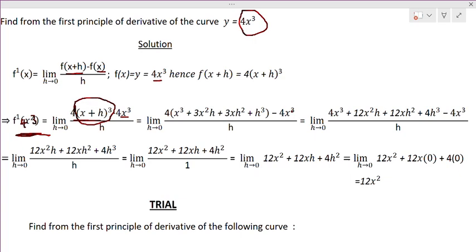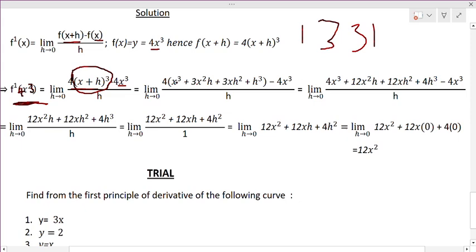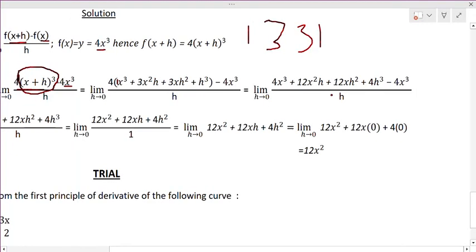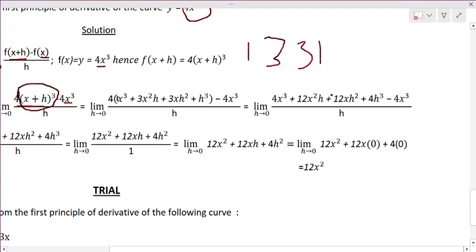When you use Pascal's triangle, whenever you expand a function with exponent 3, the coefficients must be 1, 3, 3, 1. So you have a coefficient of 1, then 3, 3, and 1. That's what Pascal's triangle says about this expansion.